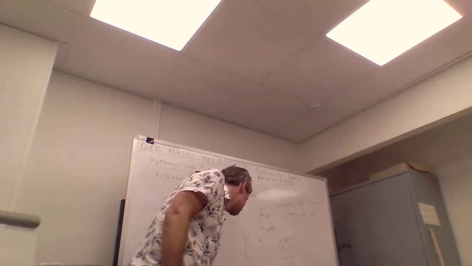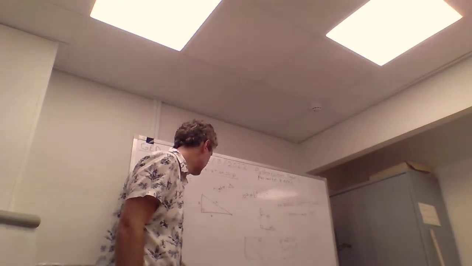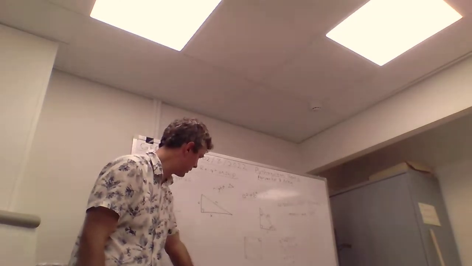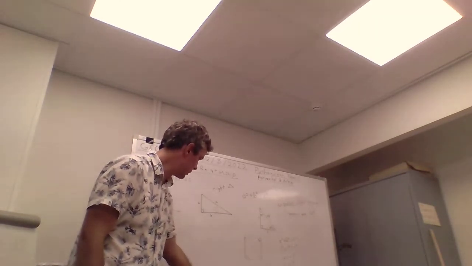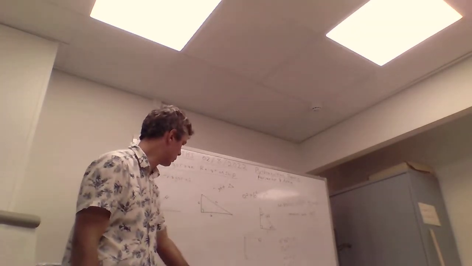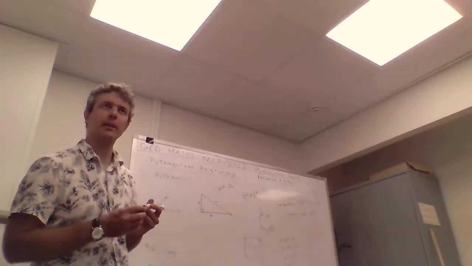So b equals square root 3. So that means this is square root 3. That's another interesting relationship, and it's got some nice numbers. If you have 60 and 30, then this one is 2 times this one, and this is square root 3, which is also a fairly nice number.